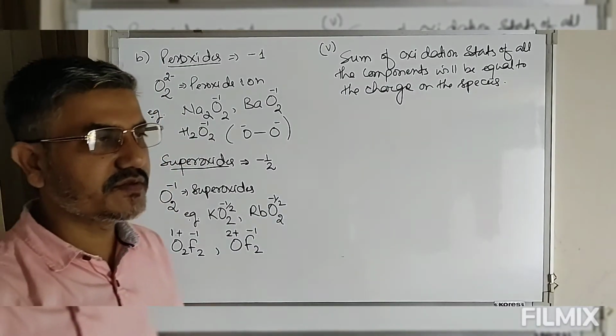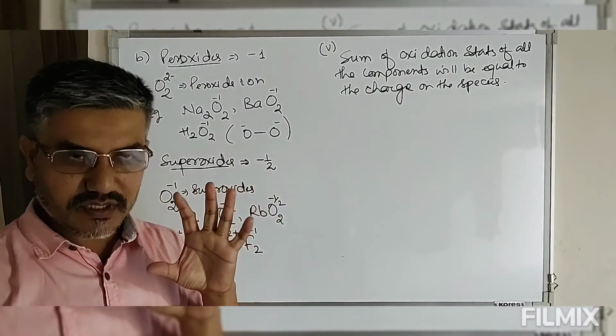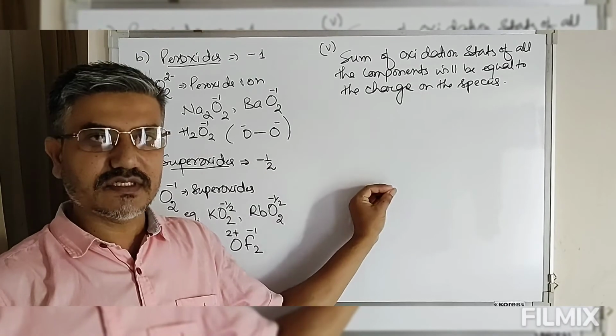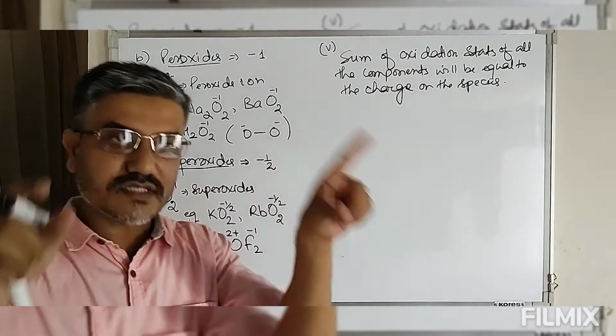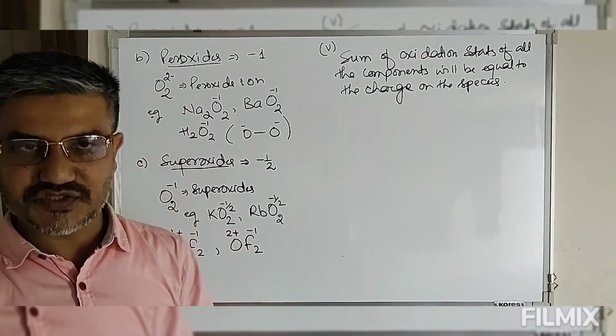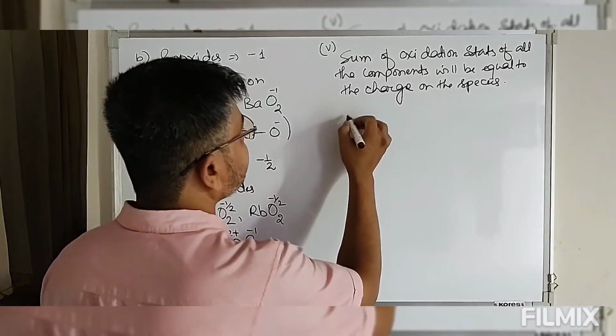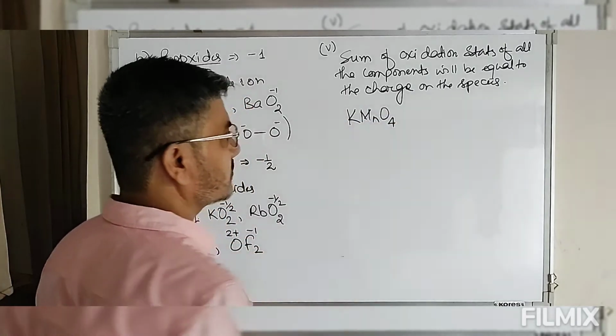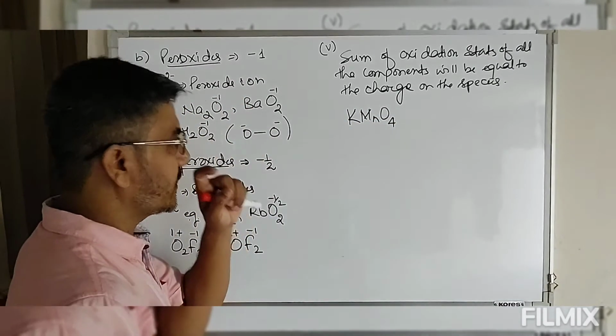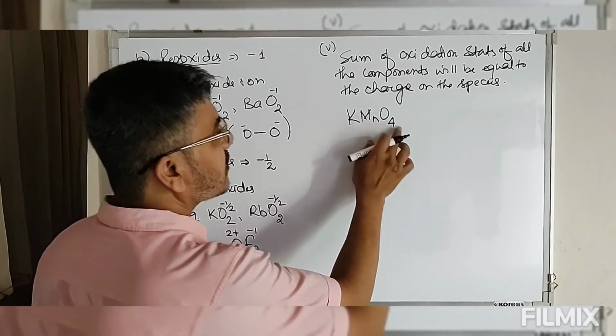Suppose we have 3 combining atoms, the summation of the oxidation states of these 3 combining atoms will always be equal to the total charge carried by this species. Let me give this example. Let's take KMnO4. We have 3 combining atoms: K, Mn and oxygen.